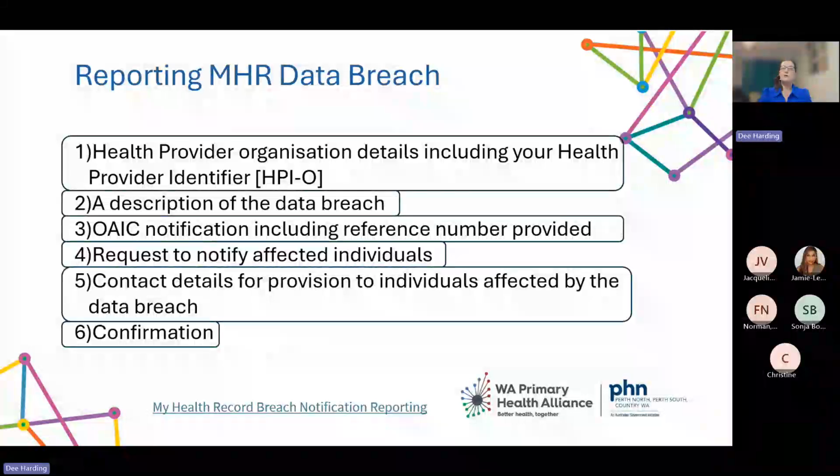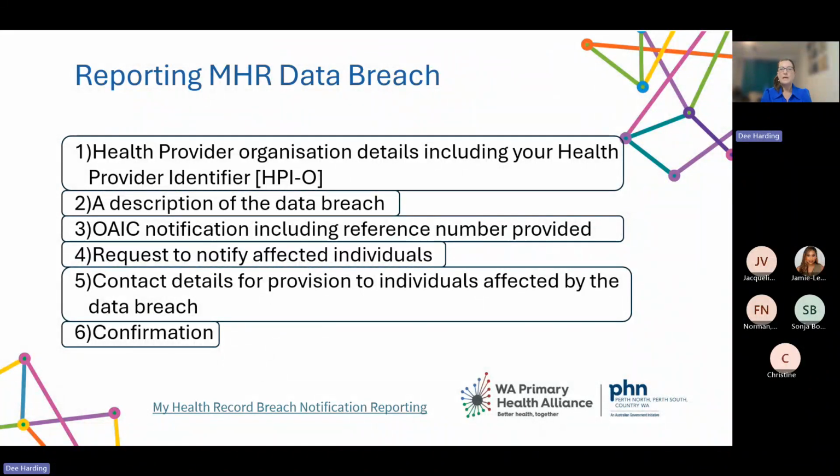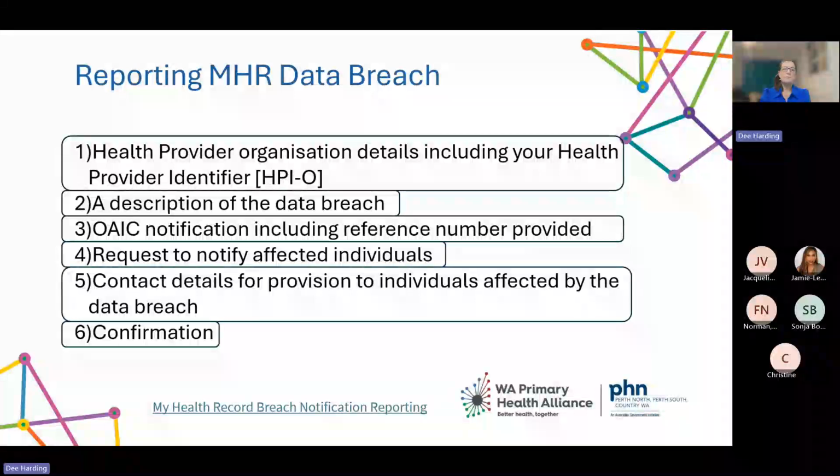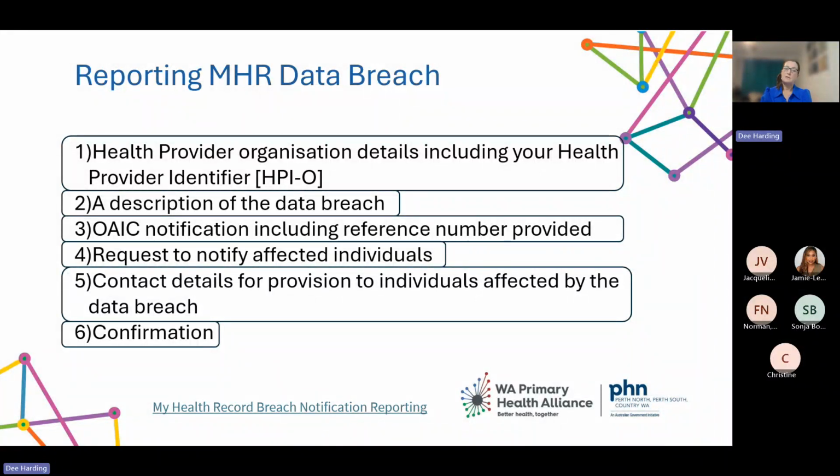So once you have followed your action plan, you must then report it. For reporting a My Health Record specific data breach, there are a few steps you need to go through. There is a link at the bottom of this page which takes you directly to the page where you need to enter all the relevant information.